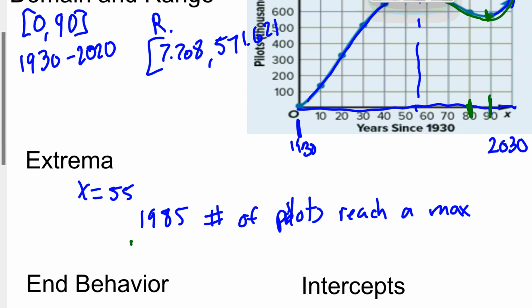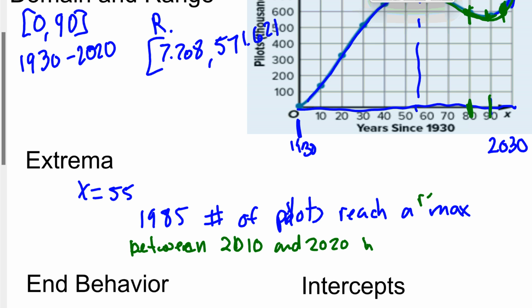Between 2010 and 2020, we had a minimum, a relative minimum, relative to its surroundings. Before that, it was above, and after that, it came back above. So relatively close to there, we're at a minimum.